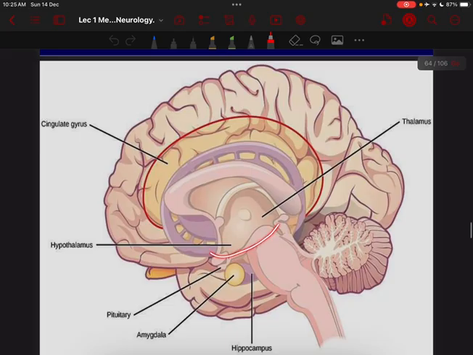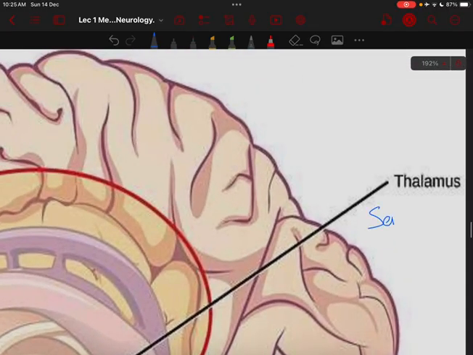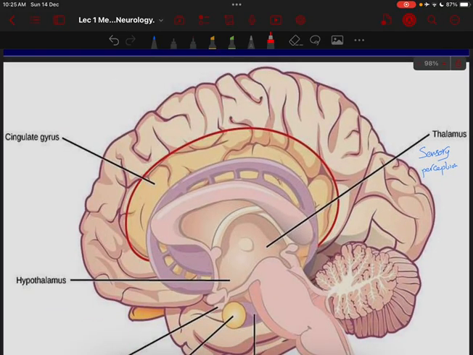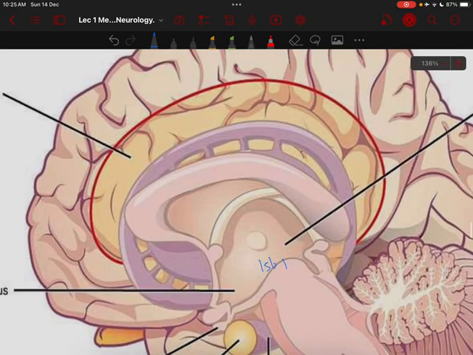This is the thalamus. السنسوري perception: كل السنسوري perception من يجي من البريفرال نيرفس سيستم ويدخل بالسباينال كورد وبعدين بالبرين ستيم، من يدخل بالسيربرال كورتكس اول مكان بيدخل هو الثالاموس. اذا الثالاموس اول ستيشن تستلم sensory input. اوكي؟ وبعدين هاي الثالاموس will send it up to the central sensory cortex. Then deal with the sensory perception.